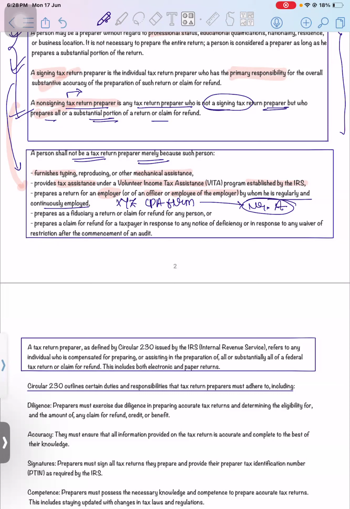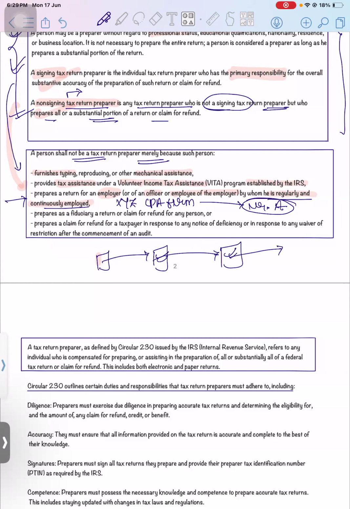Just think, you are in this position, guys. Some people are working at some KPO industry, some at big four companies. So what is your duty? To prepare a return for the employer. Whatever your manager says, you have to prepare it for them, by whom you are regularly and continuously employed. So you are not called a tax return preparer, because after your preparation there will be a review, then again a final review.